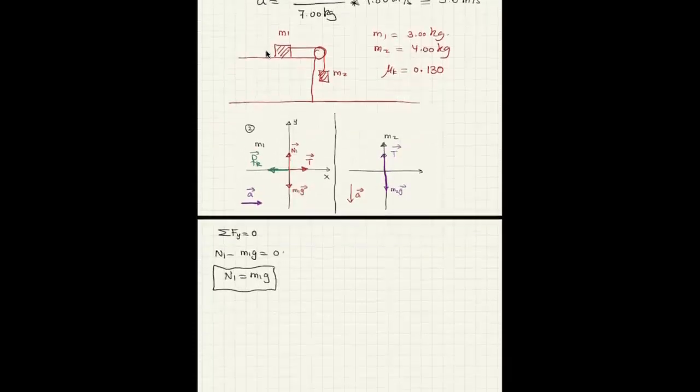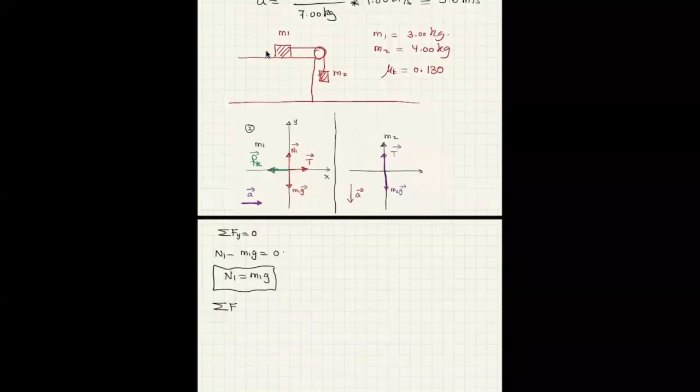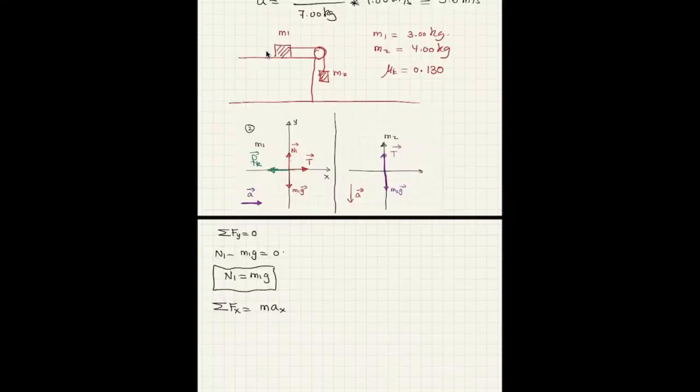Now for the x-axis, sigma Fx equals MAX, and now it's gonna change: T minus Fk should equal M1A.